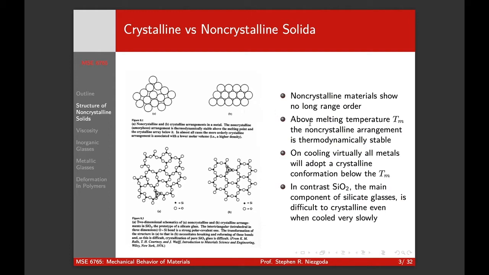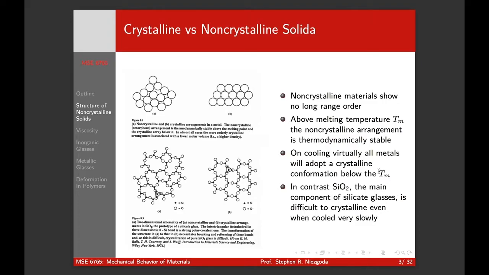Okay. So in all materials, if we're above the melting temperature, the non-crystalline arrangement is thermodynamically stable. Liquids don't have any long-range order to them. But on cooling, virtually all metals will adopt a crystalline conformation below the melting temperature.